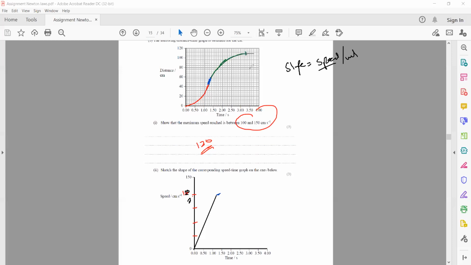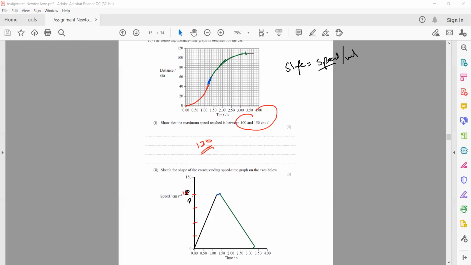So till this point, what is this time interval? 1, 2, 3, 4. So that is 3.3. Till 3.3, it starts to decrease. If slope is decreasing, the speed will also decrease.